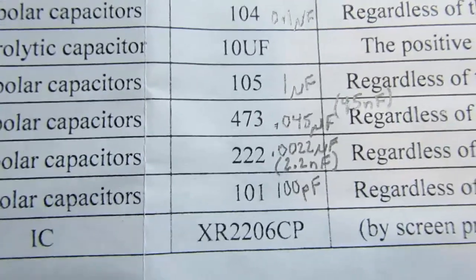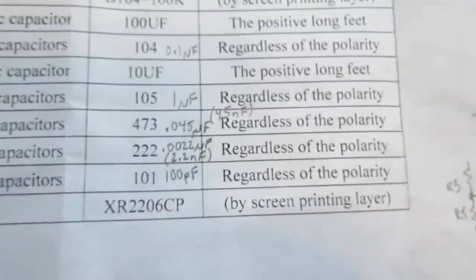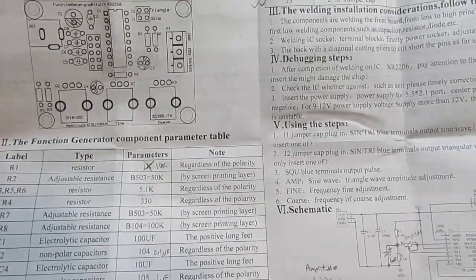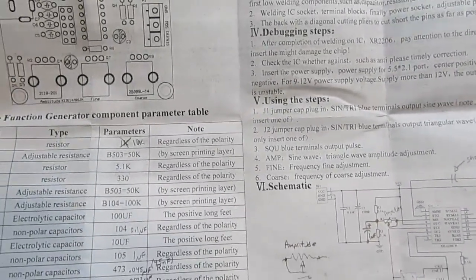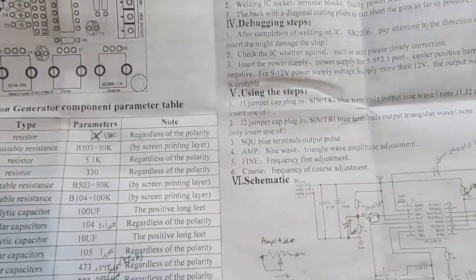That's not a parameter, that's a part marking, and it's intermixed with the parameters, so that's kind of a mess. There is no description on how to build it for a beginner, so you have to know something already, probably to do this successfully.